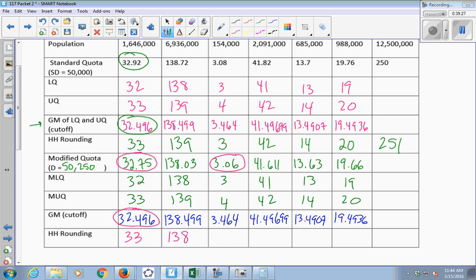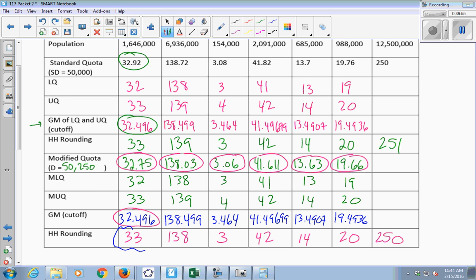Down. It's less than the cutoff, it goes down. 41.611. Up. 13.63. Up. And 19.66. Up. So when I add those up, what do I get? 250. Great. Good, it worked.